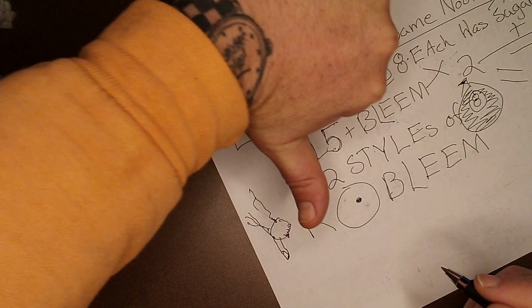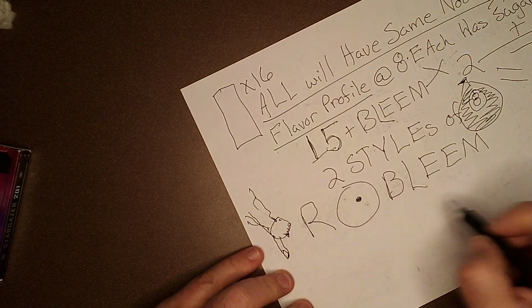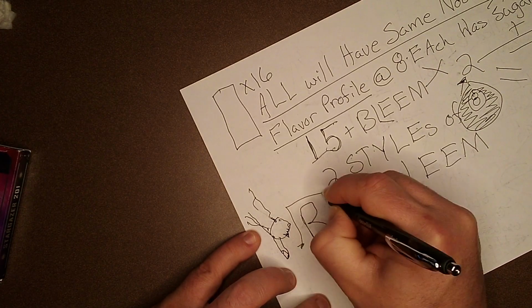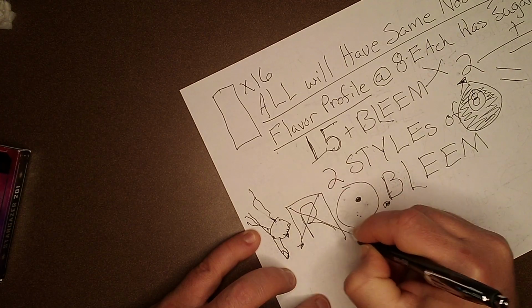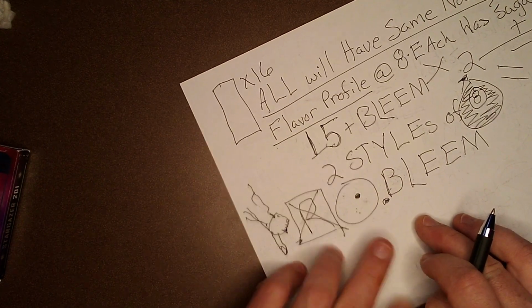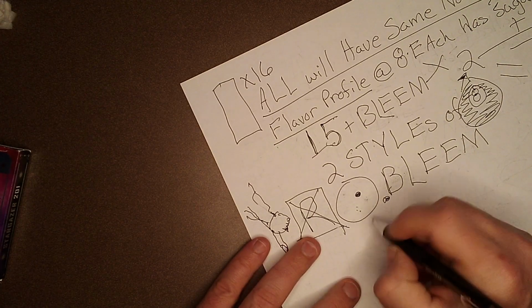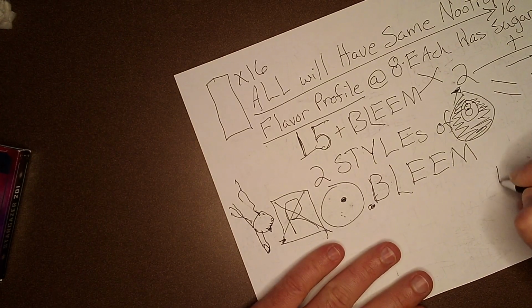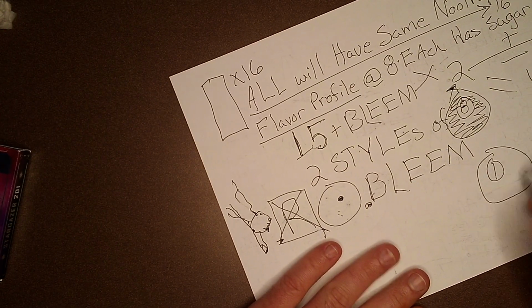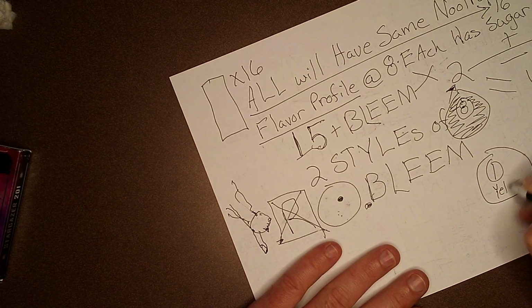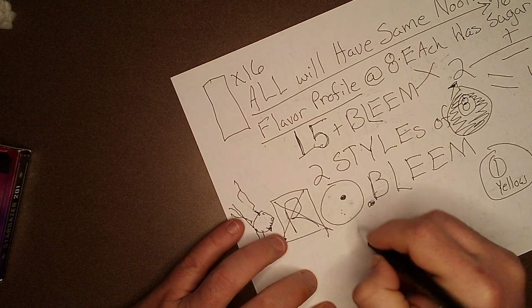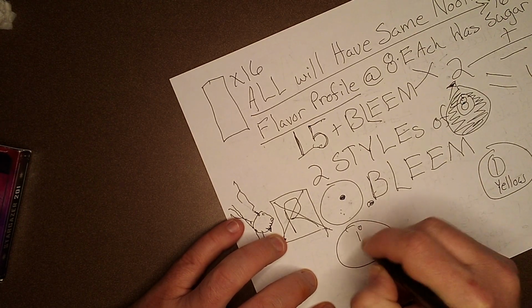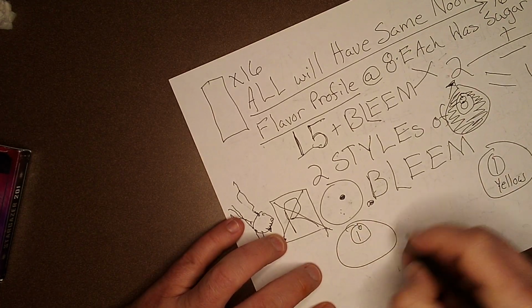All right. So Bloom is going to be our tester strip. So we'll have the original one, which is yellow. And then we'll have hypothetical 1 to the 0. All right.